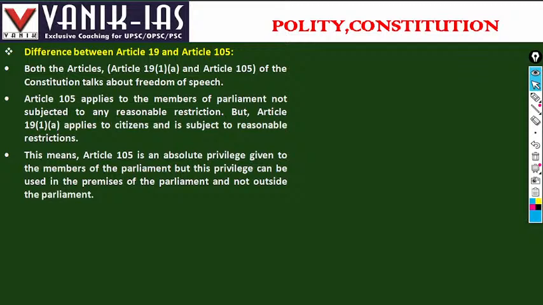They can say whatever they like, so there are no restrictions. So reasonable restrictions can be imposed on the common citizen under Article 19, but the same is not applicable to members of parliament.